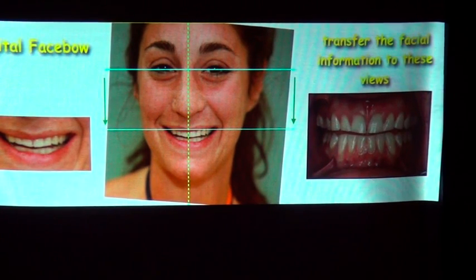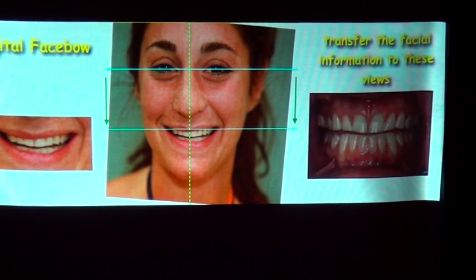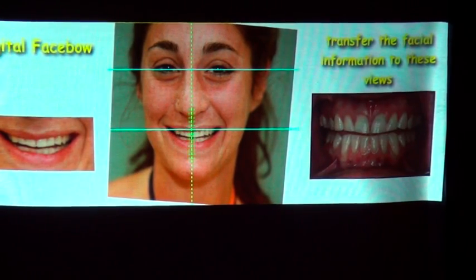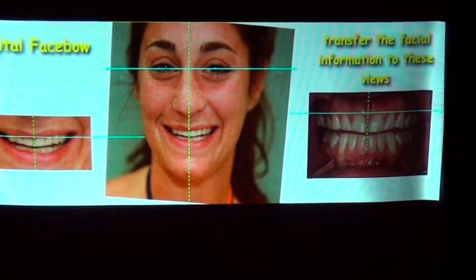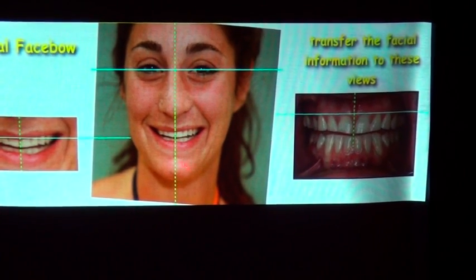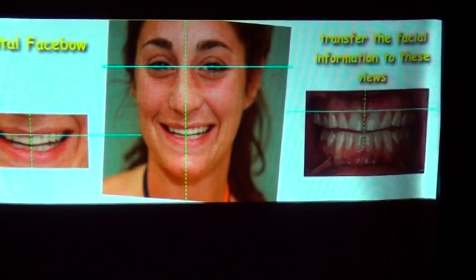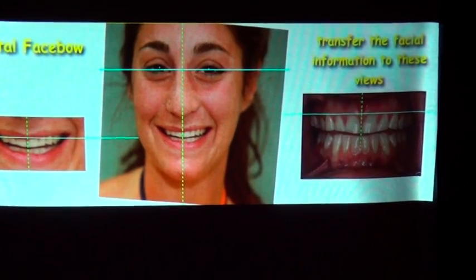We're basically transferring facial references onto the dental references that we're going to be working in. And certainly the midline, we find out where the midline is on the facial view, and then we transfer it to the same point on the intraoral view or the smile view.